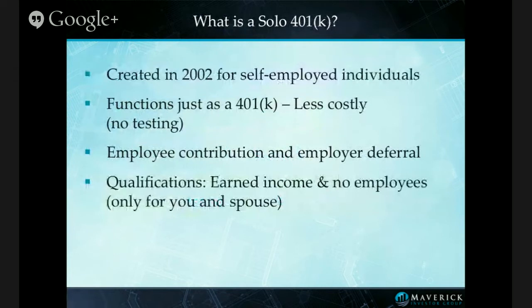So you have SEP IRAs, simple IRAs, as well as solo 401ks. We're going to focus on solo 401ks, as a SEP IRA is simply a traditional IRA with larger contribution limits. So what is a solo 401k?